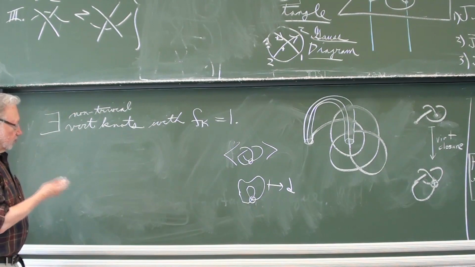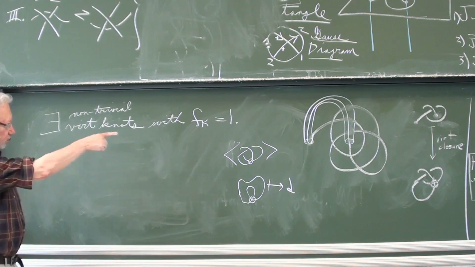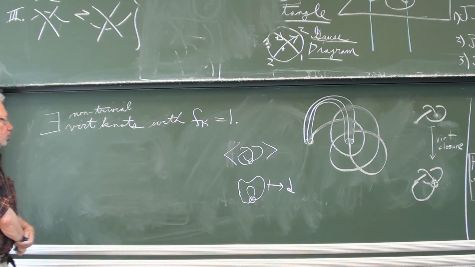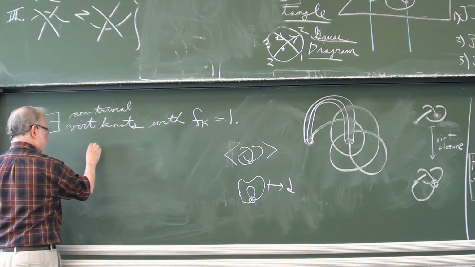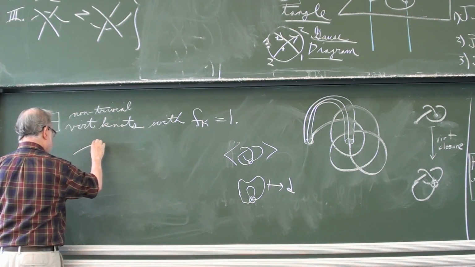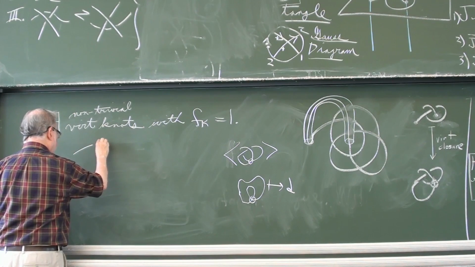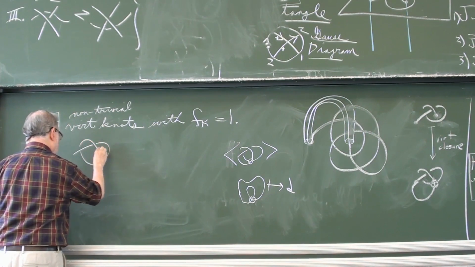In that sense of bracket polynomial, which is essentially the same sense that I'm using over here for knotoids, there are non-trivial virtual knots with fk equal to 1, with bracket polynomial trivial, so that the conjectures do not work if you're over in full virtual knots. And I give you an example of that.